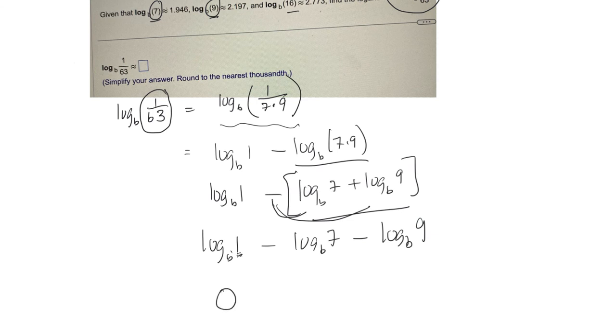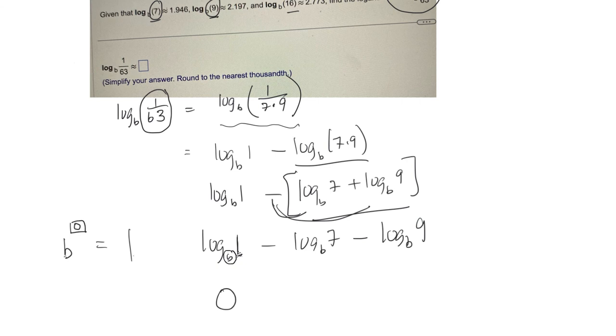So this is saying to what exponent must you raise b to get 1? In other words, what is the exponent here to get a 1 out of the deal? The only number that you can put in there is a 0, because anything to the 0 power is equal to 1.